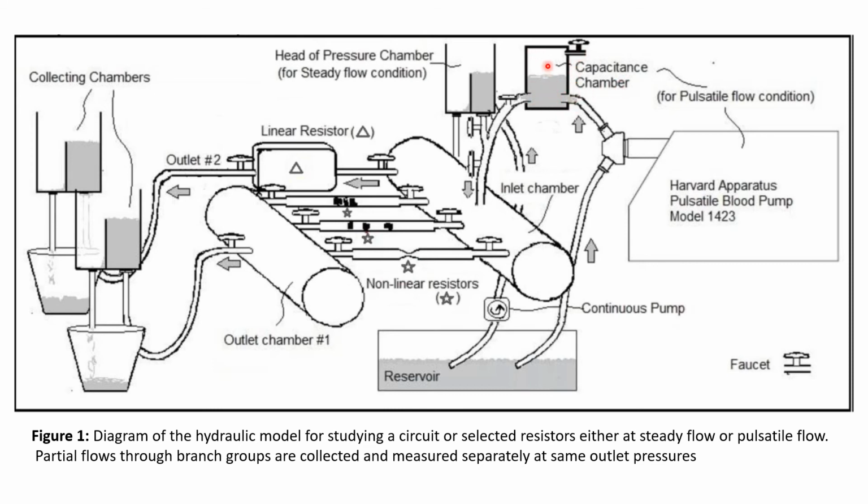It would be air and fluid, and as the pump pumps in, it generates a pressure that compresses this air, and the recoil effect of this compression would emulate the recoil of the artery.